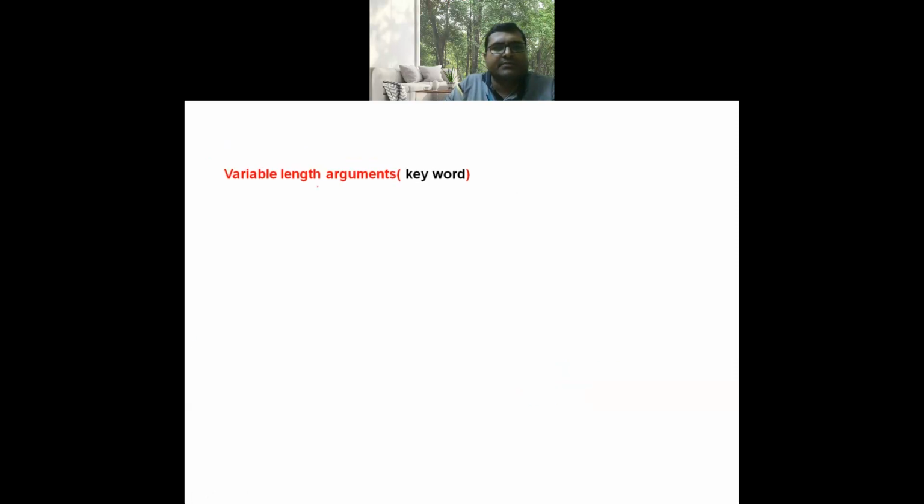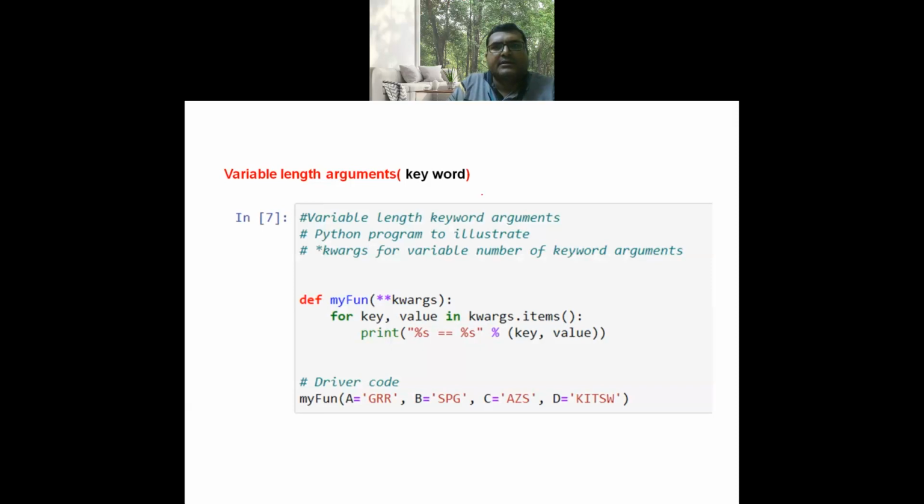The next is variable length keyword arguments with kwargs. Now here def is a keyword, my function is the function name. Here I am passing keyword arguments with some indented blocks. These are the indented blocks.